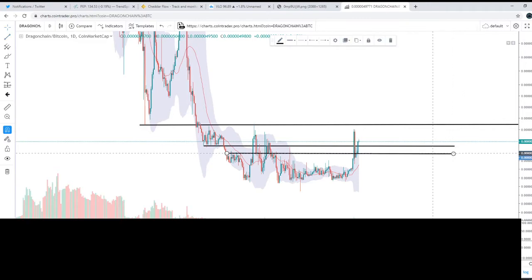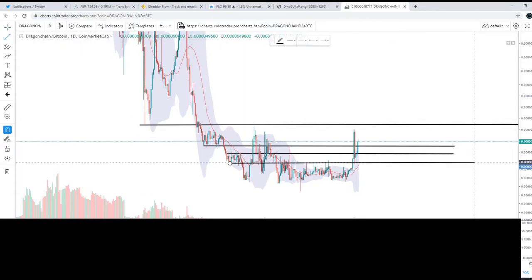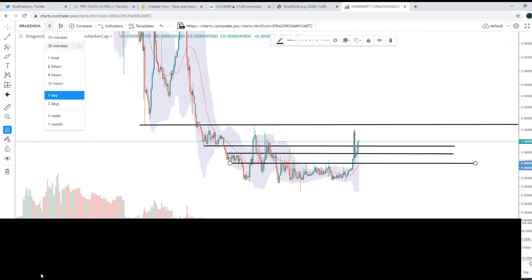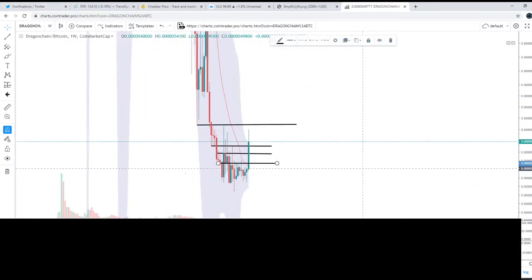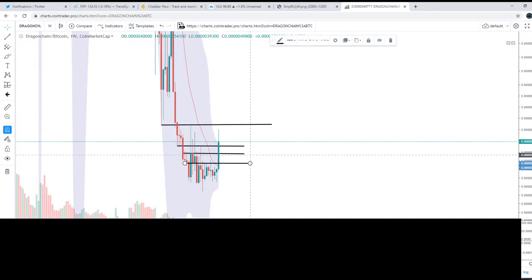All right, so this is what I would want to look at for Dragon Chain right now. You have three zones that I'd want to be interested in, like these. If it doesn't break this lowest one and it holds up nicely and does some consolidation in here, that'll be a great move for a breakout on this point. So you basically want Dragon Chain to go sideways here for a couple more days, if not a couple more weeks, because you really don't want this weekly to be a rejection and fall down underneath this point.